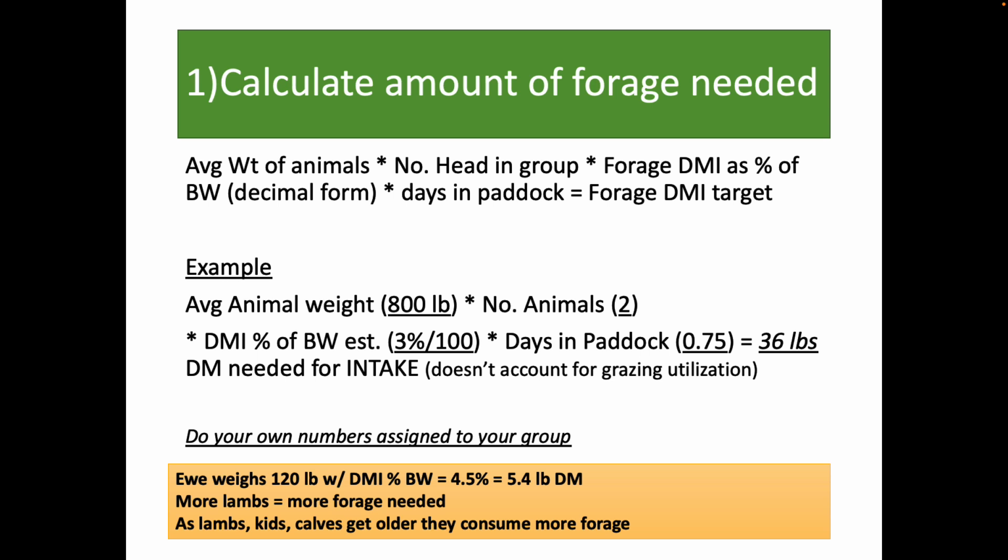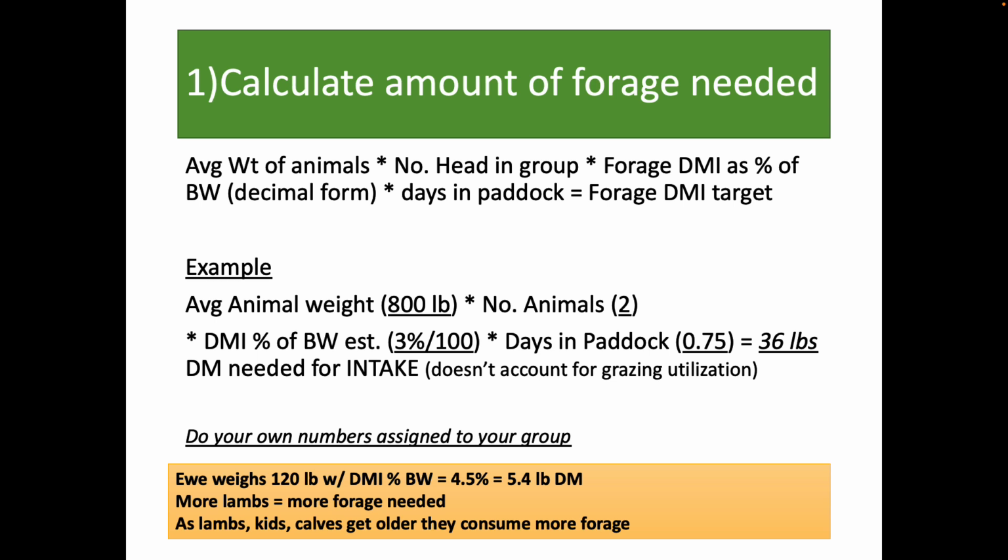You're only going to be in there for about 3/4 of a day. They've already grazed this morning. The majority of the grazing bouts are sunrise and sunset. They've already got their fill this morning, so you're going to have about 3/4 of a day. So you're going to write down 0.75. That's the number of days you're in a paddock.